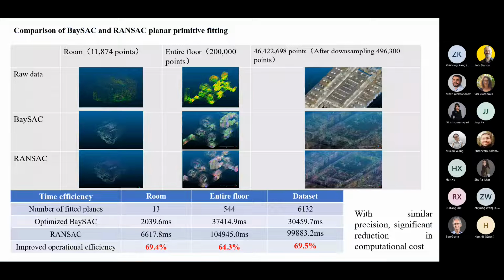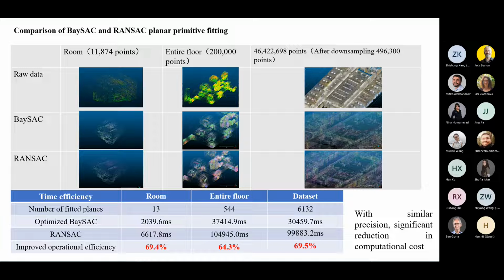Here is the comparison of our algorithm with RANSAC. We have different data sets for planar primitive fitting. For instance, we have more than 10,000 points in a room, more than 200,000 points for the entire floor, and also millions of points for the whole data sets.